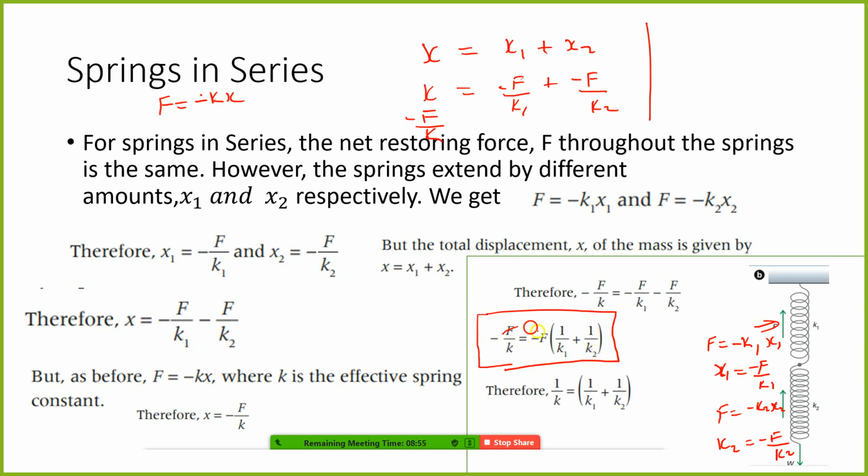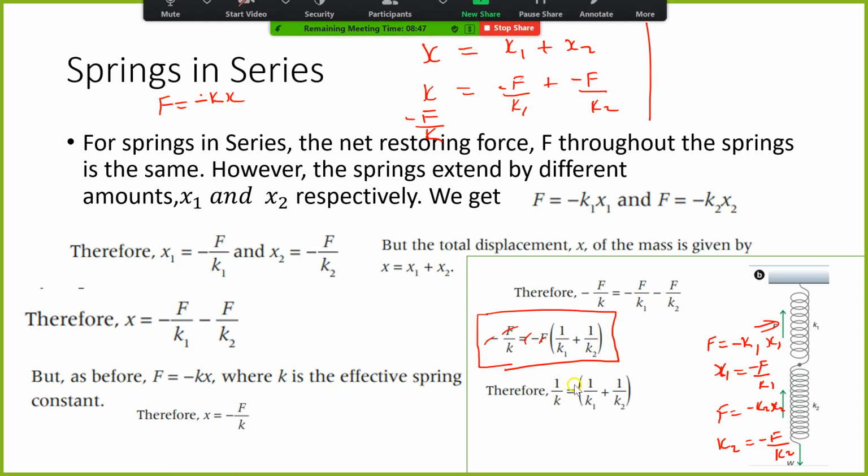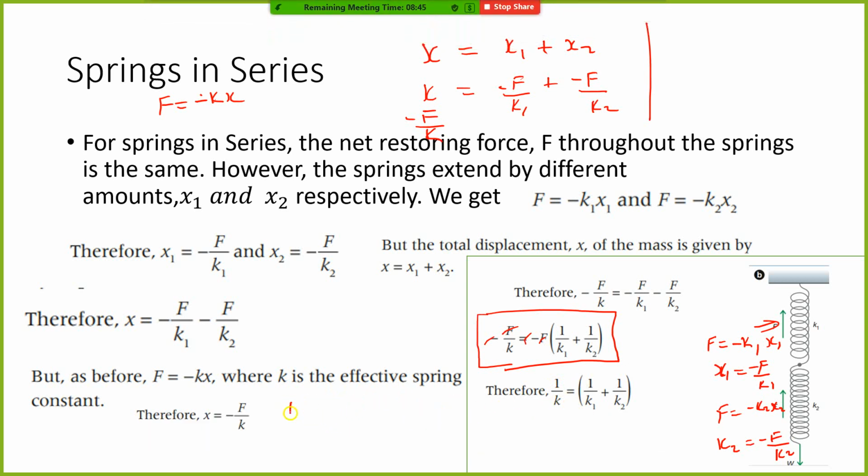Now, the forces can cancel out, the minus sign can cancel out. When we cancel those out, we're really left with 1 upon K, where K here is the effective spring constant, is equal to 1 upon K1 plus 1 upon K2.